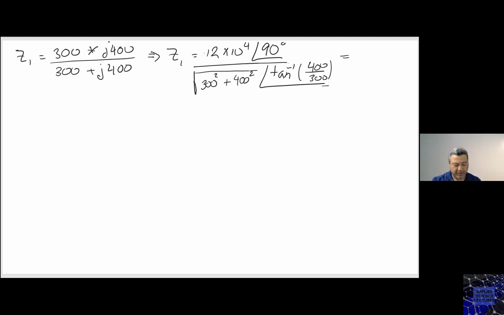So in this case, Z1 is 12 over 4 at 90 degrees divided by 500 with an angle of tan inverse 4 over 3, which is 53.13 degrees, first quadrant.